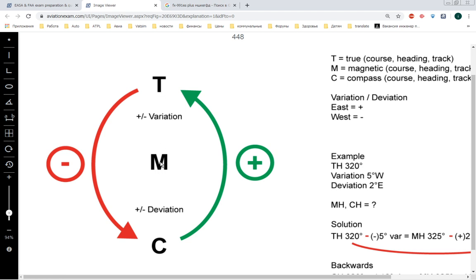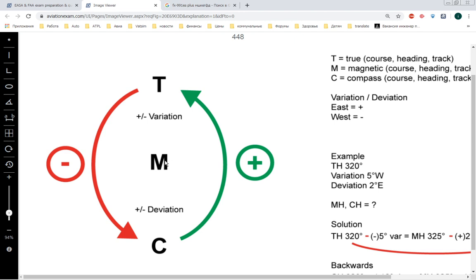If true is north and we have variation to the east, imagine the needle of our compass just deviates to the right. If we have variation to the west, the needle deviates to the left. This must be remembered. If west, there is minus. If east, there is plus.